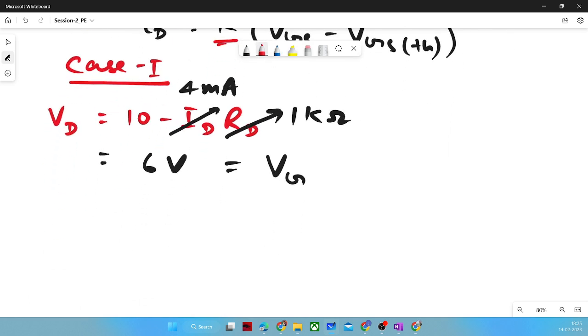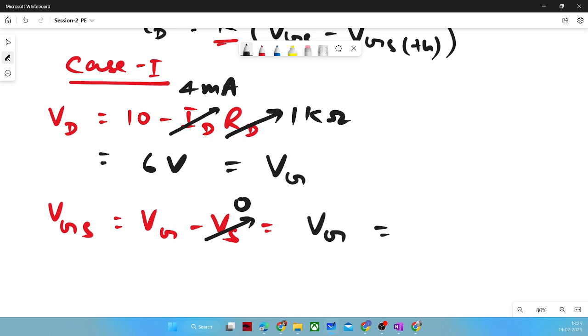VGS is equal to VG minus VS, and VS is connected to ground, so it will be 0. Then VGS will become equal to VG, and it will be 6 volt.